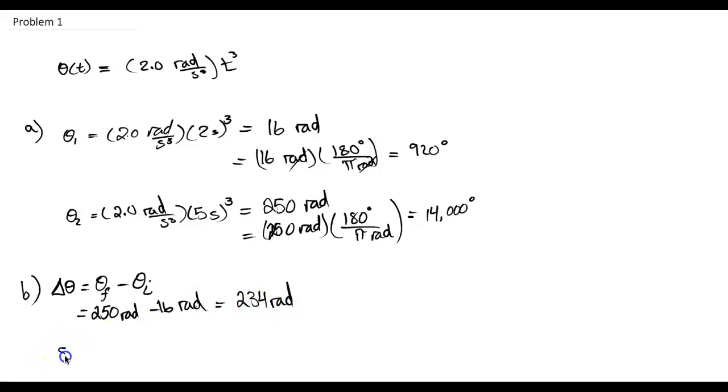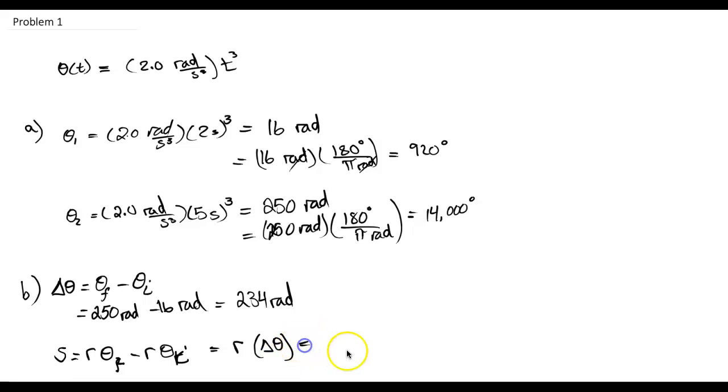If we wanted to find this in meters, the arc length, if you remember from your trig, is r times theta. So we have an r times theta final minus an r times theta initial, which is the same as saying r times delta theta, right?